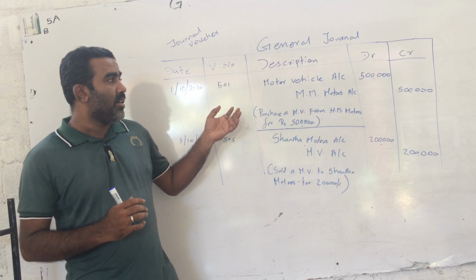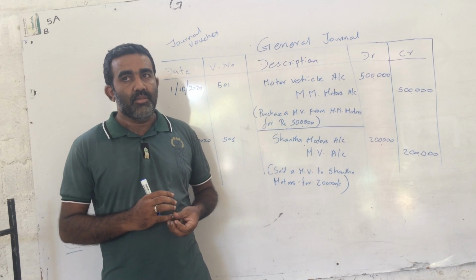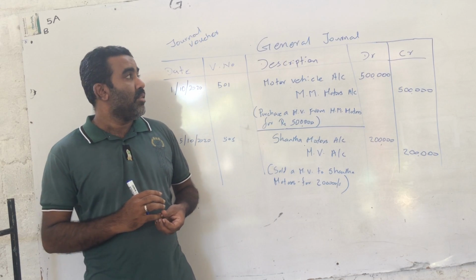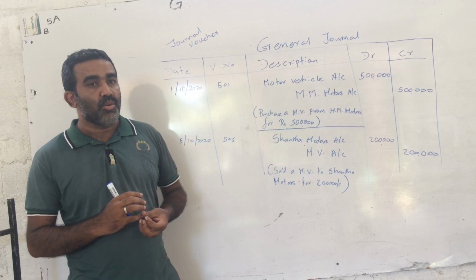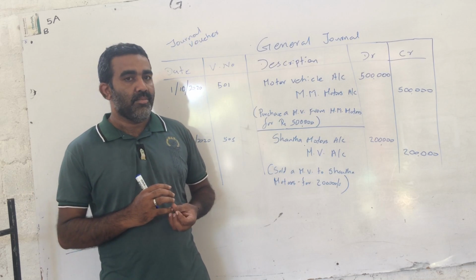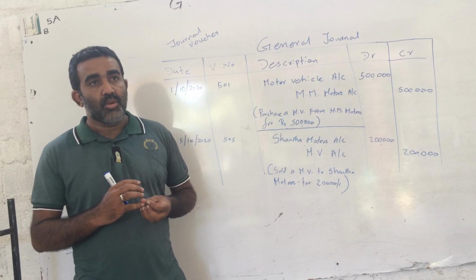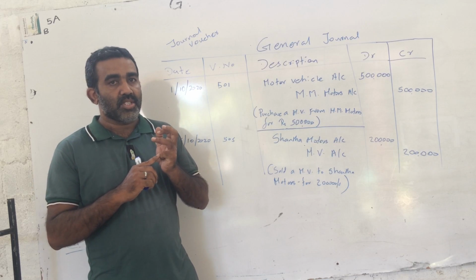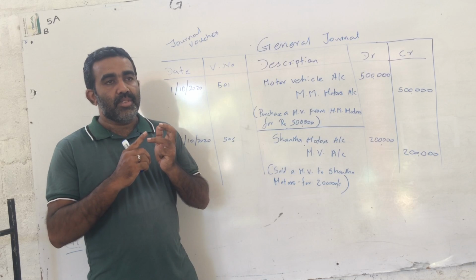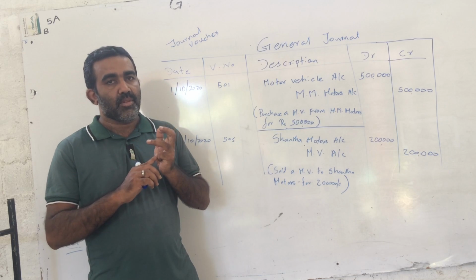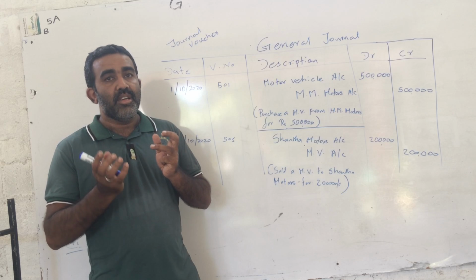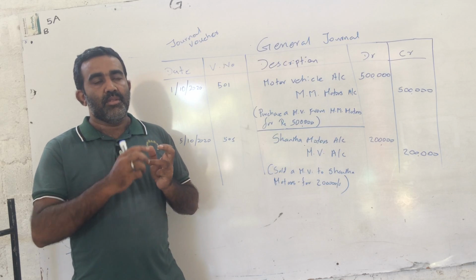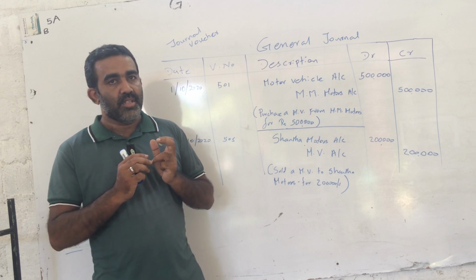Then we'll see what transactions we have to include in the general journal. All the cash transactions we include in the cash book. We studied that. All the payments and receipts of large amounts are included there. If they are small amounts, we move to the petty cash book.